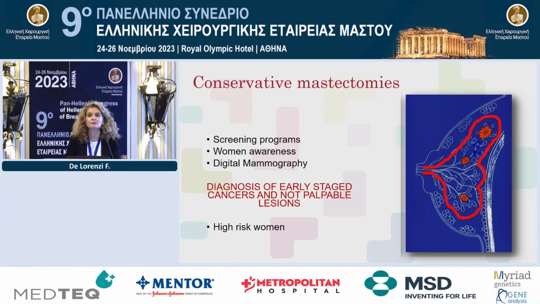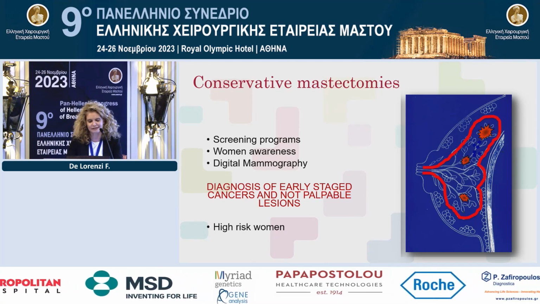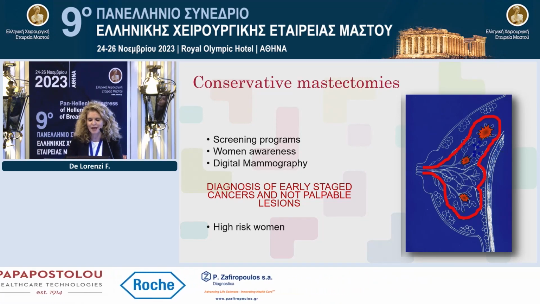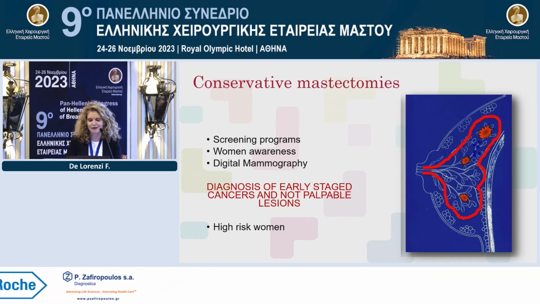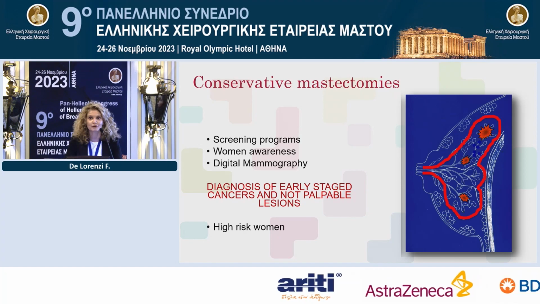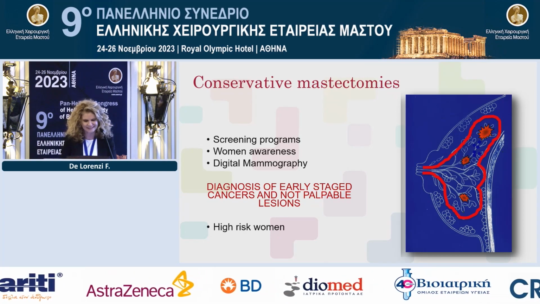Moreover, high-risk healthy women seeking risk-reducing surgery are the best candidates for conservative mastectomies. Conservative mastectomy allows us to spare the skin envelope, the subcutaneous tissue, and the nipple-areola complex if not diseased, but not the gland, as Mark told us before.